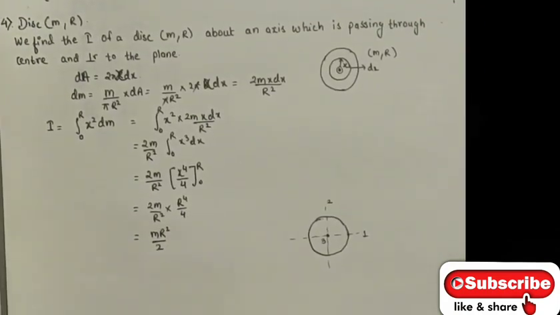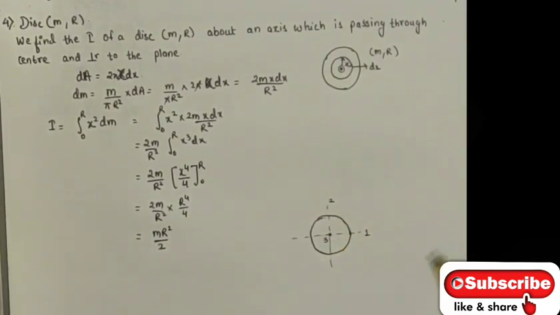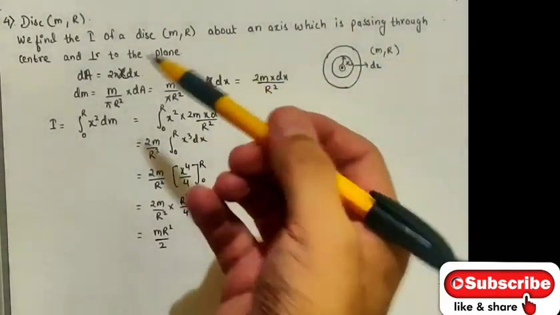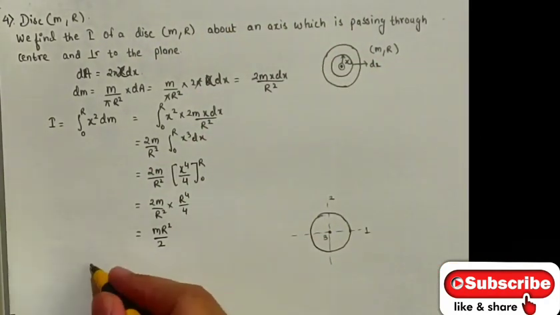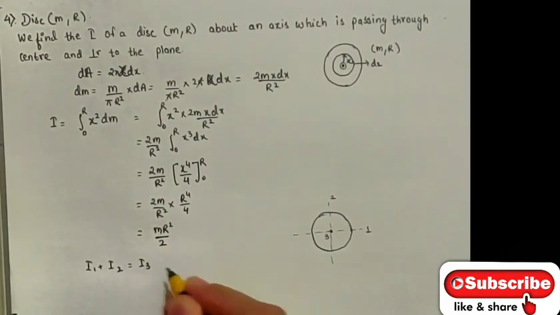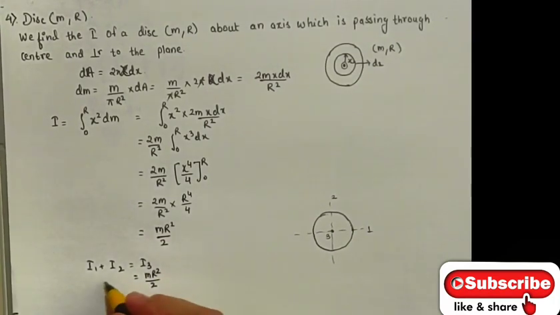Now for finding the moment of inertia of this disk about any diameter, we will just apply the perpendicular axis theorem, as we have done in our previous video. It gives us I1 plus I2 equals I3, which equals mr square by 2.